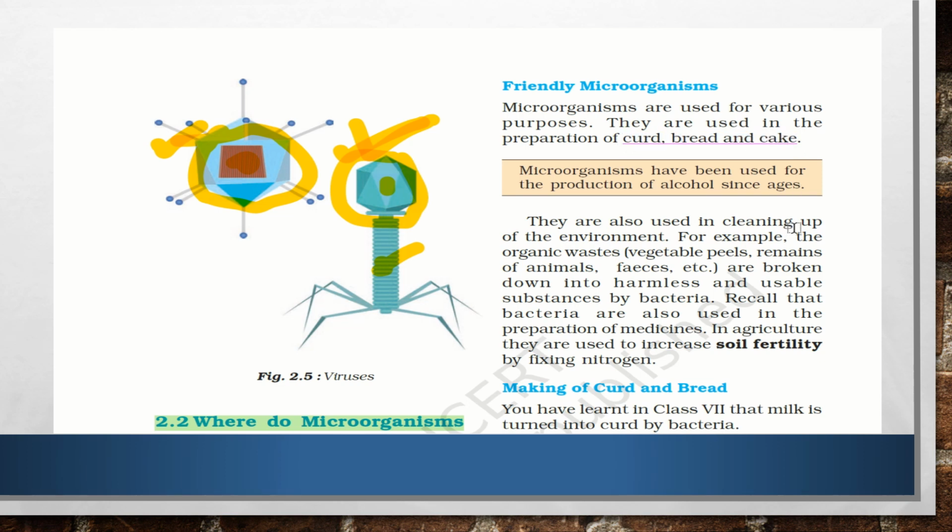And we have seen that microorganisms help to ferment the idli batter. If you take rice and dal and mix it into a batter and keep it overnight, the next day you see bubbles inside that batter and it has swollen up. That is also due to the microbial process of fermentation.